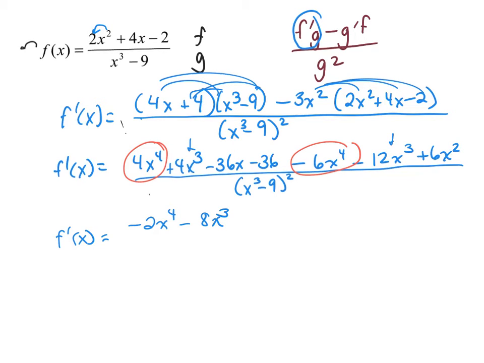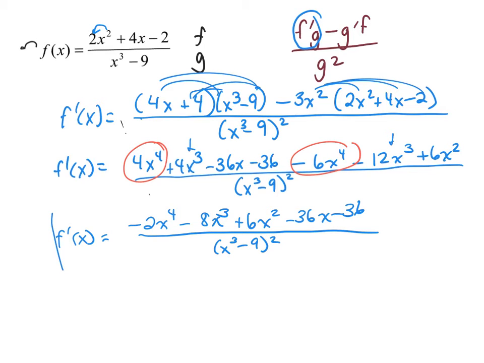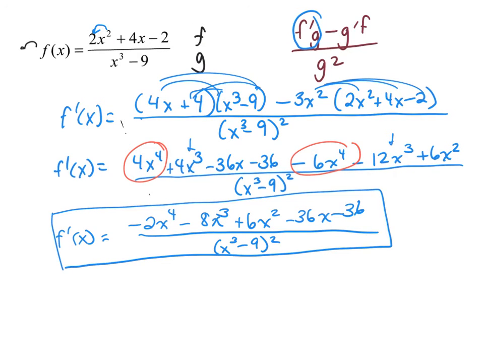So minus 8x cubed. We have 6x squared. We have minus 36x and minus 36 all over x cubed minus 9 squared. So this one becomes really, really bad. We do not like this one very much, but not the end of the world.